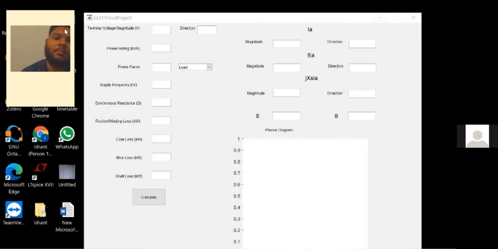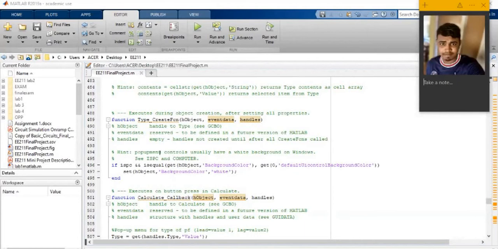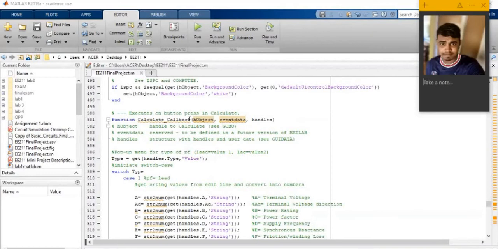I'll be passing the floor to Nathan Pita to discuss the coding. Hi, this is Nathan Pita, and I will be discussing our MATLAB code for the graphical user interface. When the text boxes, buttons, and plots are placed in our application, the functions corresponding to these items are automatically generated. The only thing our team had to do was to calculate the outputs corresponding to the inputs when the calculate button was pressed.